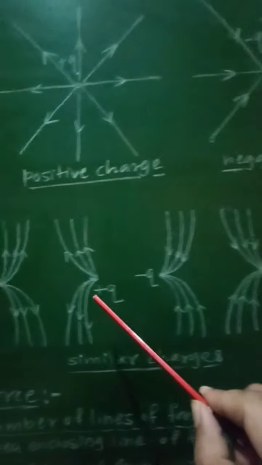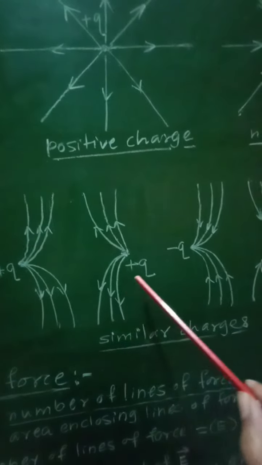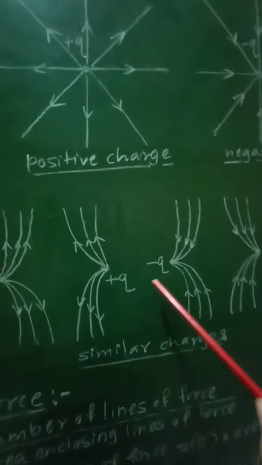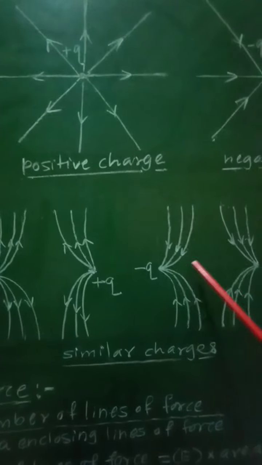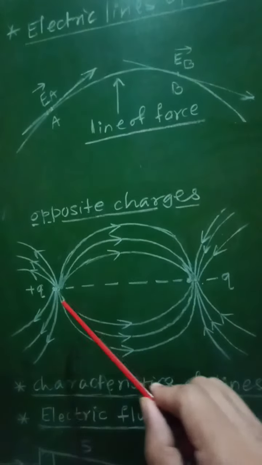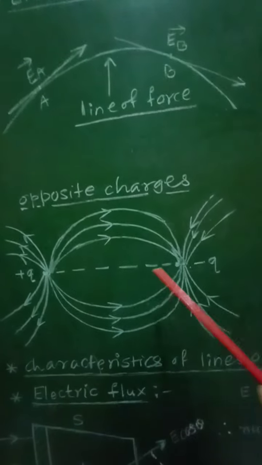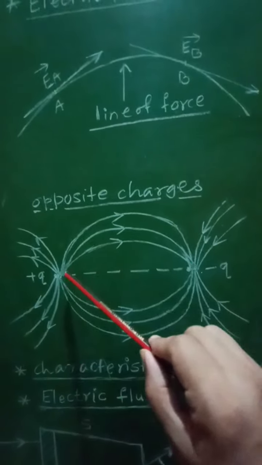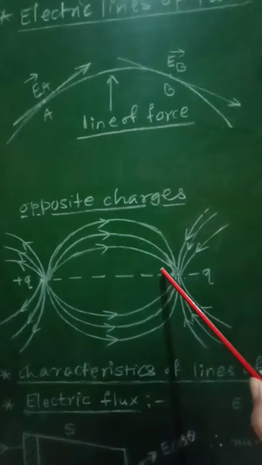This is because similar charges repel, and therefore the electric lines of force will not mix with each other. But in this case, there are dissimilar, opposite charges, and therefore the electric lines will travel from the plus Q charge to the minus Q charge.